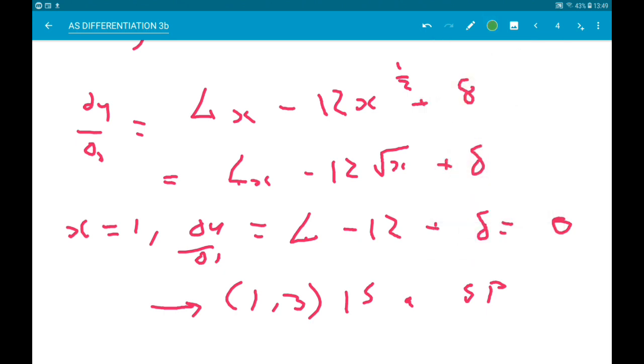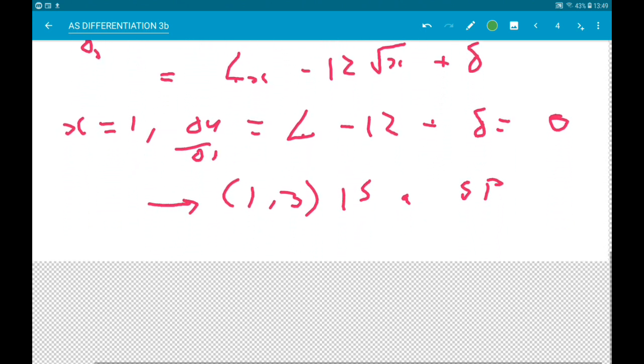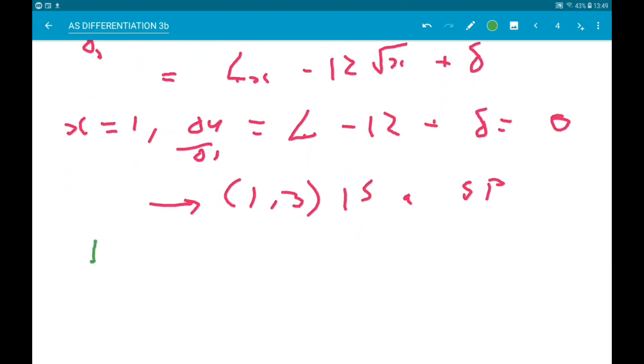So now we just need to prove it's a maximum. So for a maximum, d squared y by dx squared has to be less than 0.